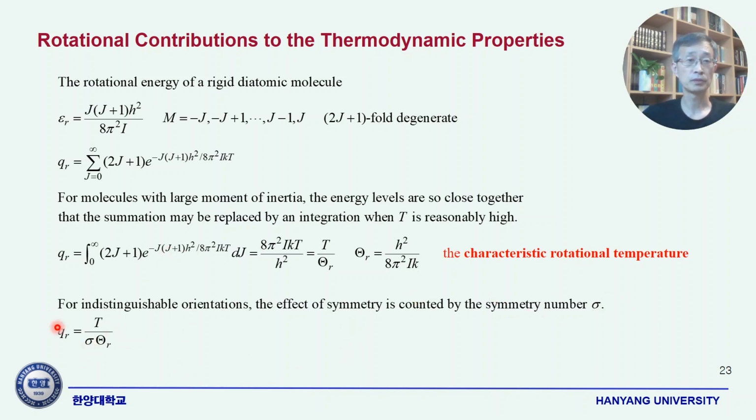So the rotational partition function is divided by the symmetry number. Then Q_R total is this divided by the symmetry number. So Q_R is T over θ_R times σ, which is the symmetry number.